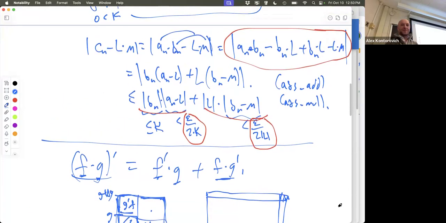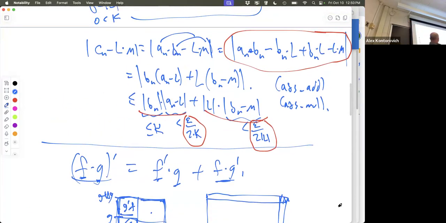Why is this the same thing as that? Yeah, because we want to change the product of two things. We want to change A to its limit and B to its limit simultaneously. We're taking the product. And the way to do it is first change A. First, you send A to L, leaving B alone. So that's what this is.